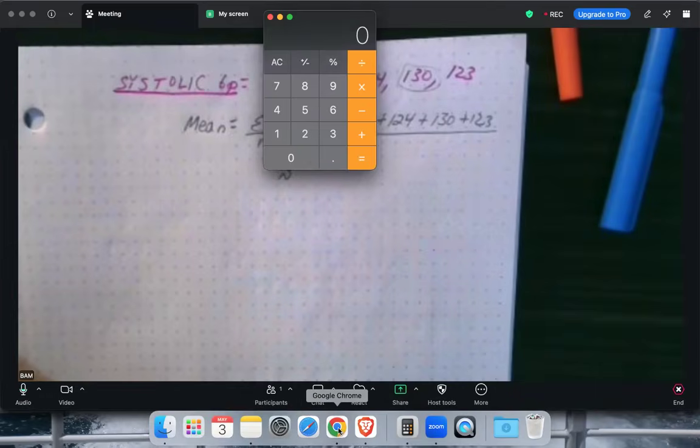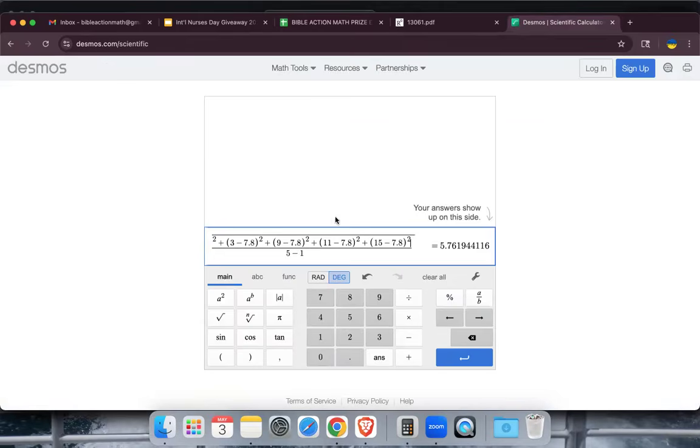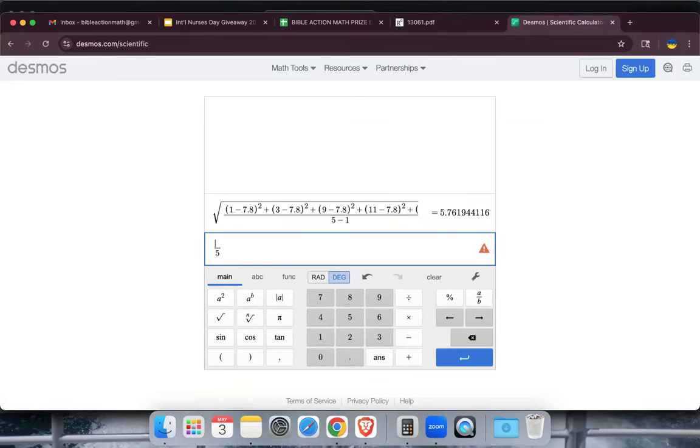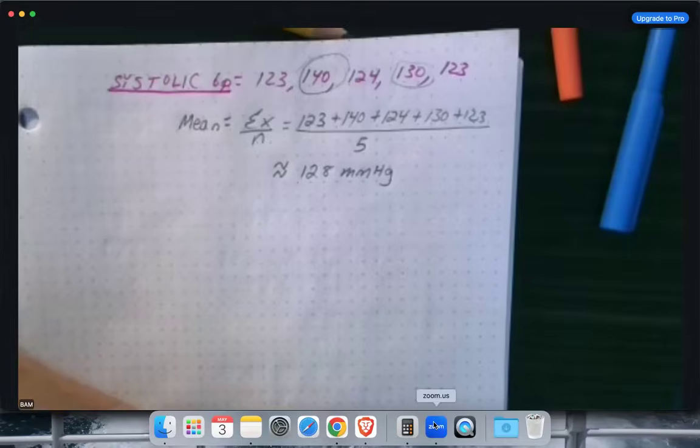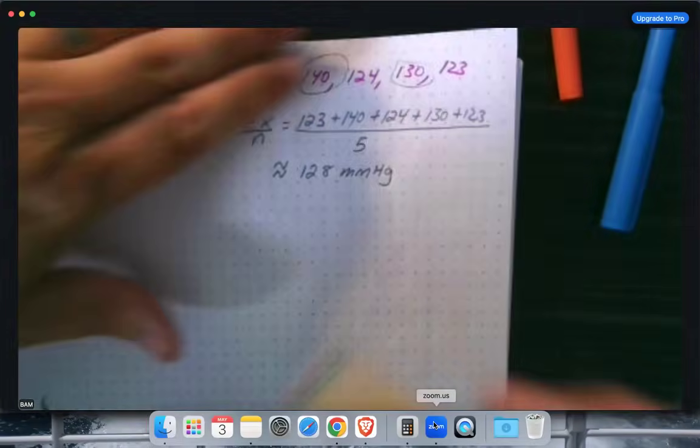Now I'll go ahead and use Desmos. It's easier. Okay, so I don't have to round it. I got exactly 128 millimeters of mercury. Not approximate. I got exact.